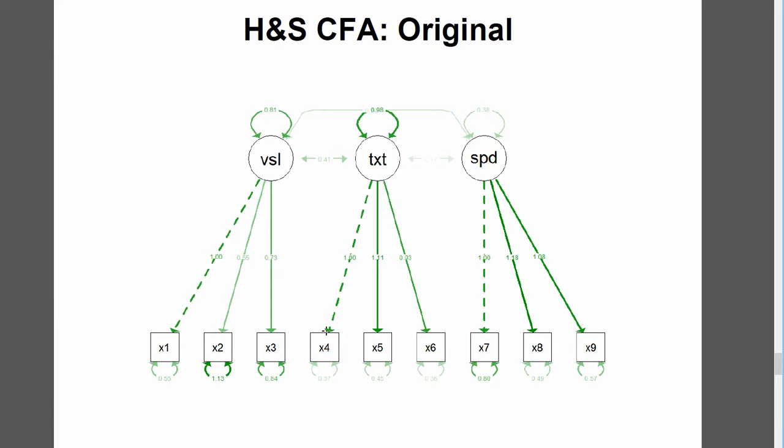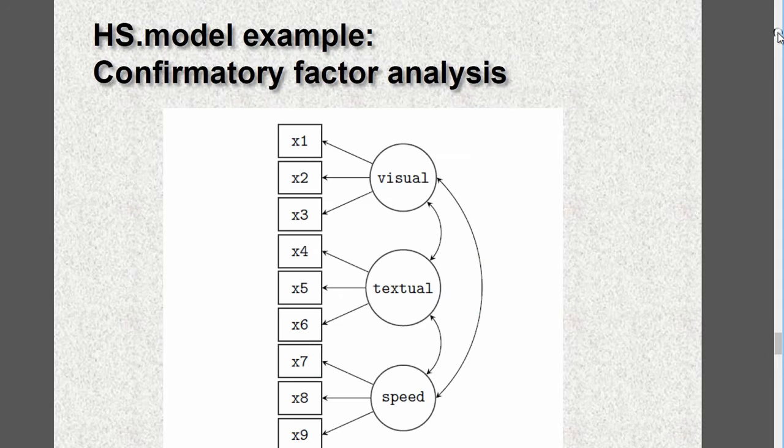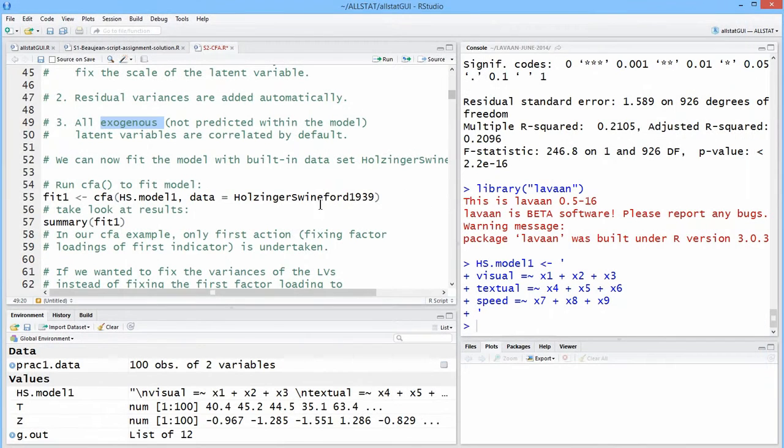So in this model, it automatically estimates the double-headed arrows, which mean covariance. So it's estimating 3 sets of covariances, all sets of possible pairs in the CFA.